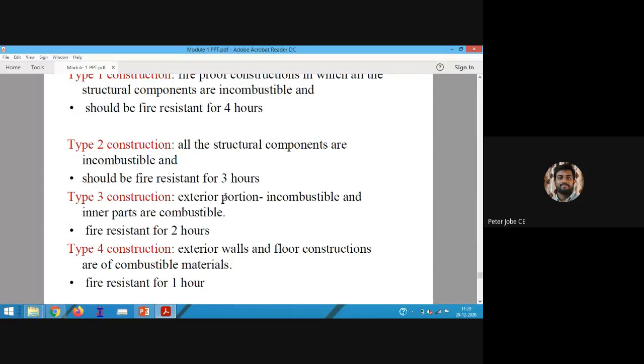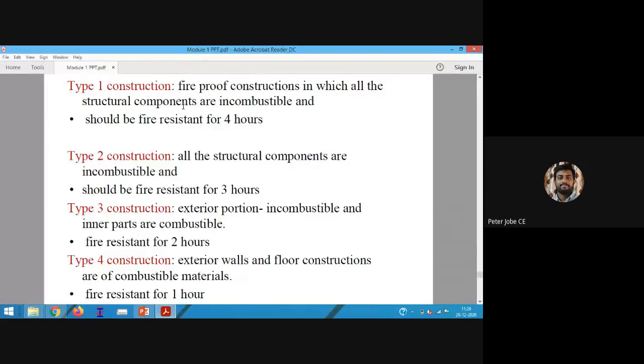There are some parts which you need to understand. In type 1 construction, all the structural components can be incombustible, but there are some non-structural components, which do not give much strength to the building, but which we use in a building for our regular use, like doors, windows, etc. All those things might be made up of wood, and those materials won't have that fire resistant property.